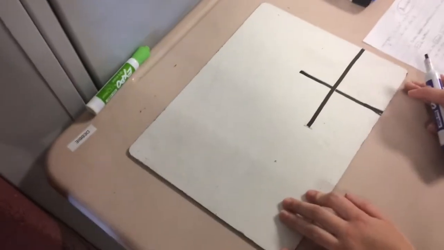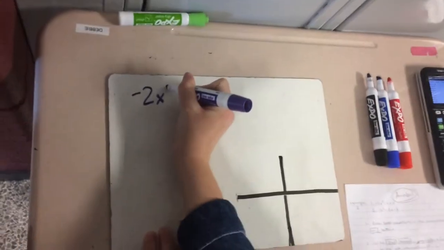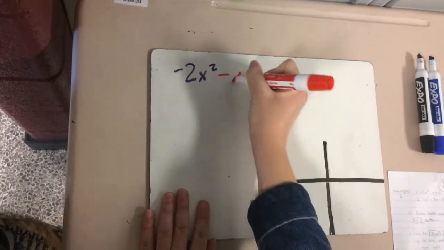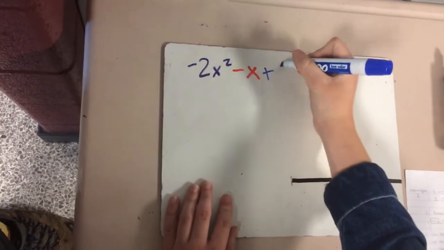So for our second example, for the first equation we have negative 2x squared minus x plus 6.